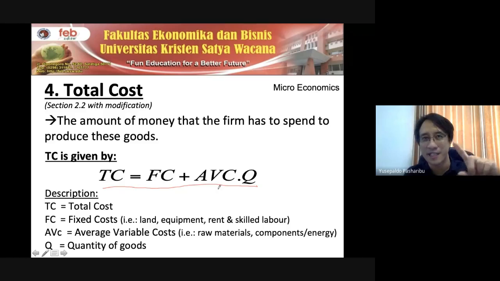The first one is fixed cost, the cost that has to be paid even if there is no production. And the second one is called average variable cost. Average variable cost means raw material, components, etc.